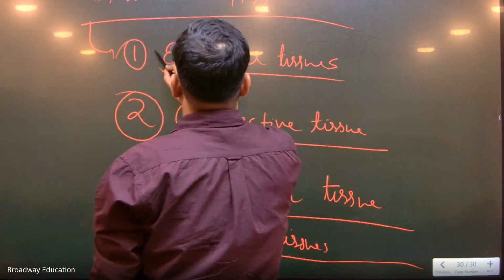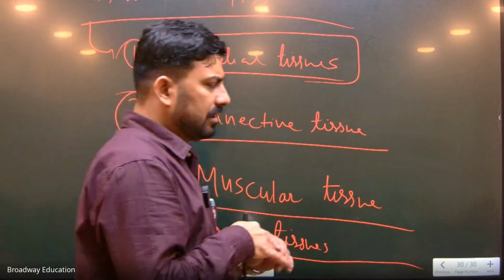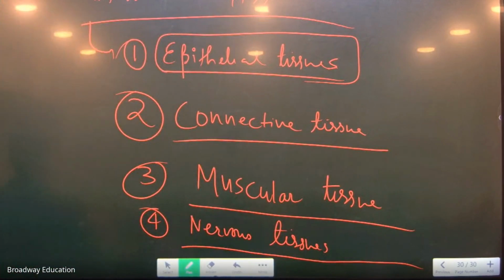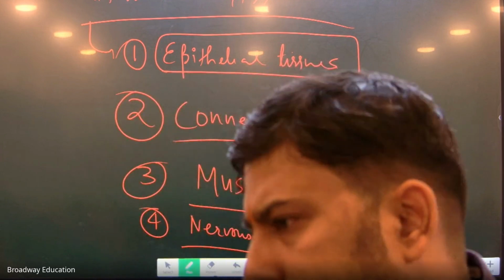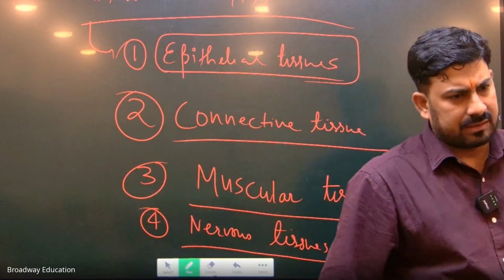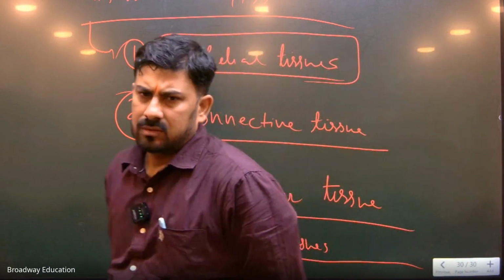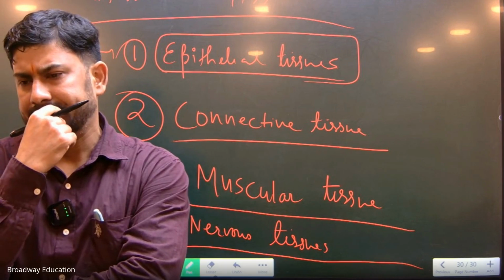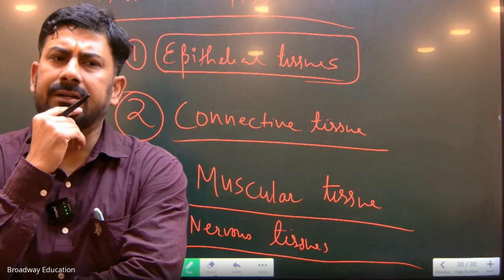Now under epithelial tissue, make a heading, epithelial tissue. Please write: it is responsible for providing protection to different organs of the body.